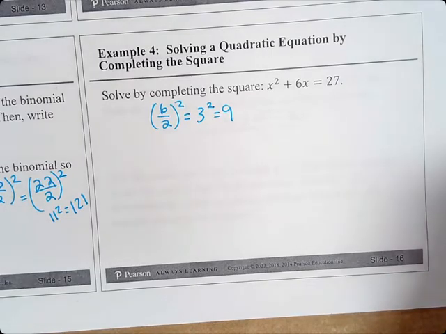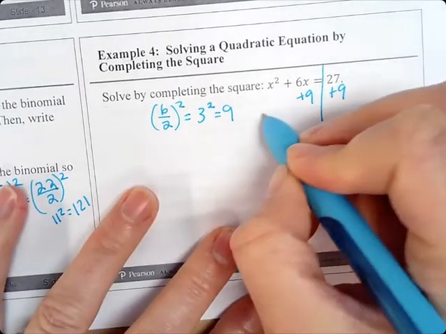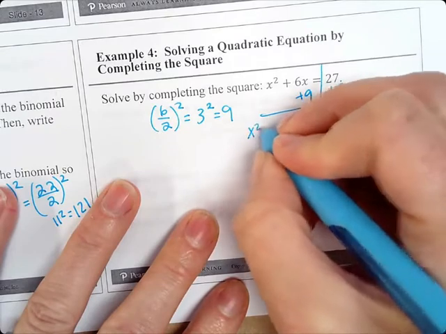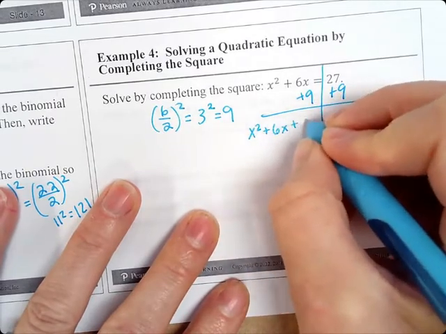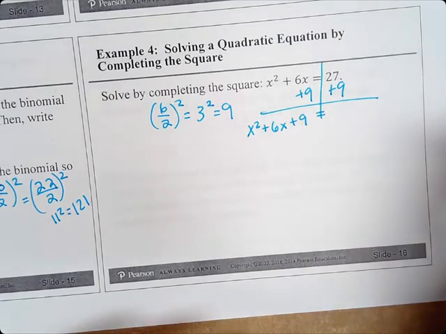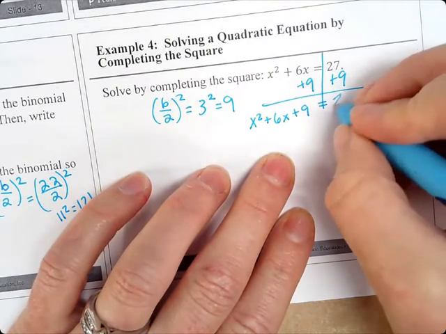So we're going to add 9 to both sides, which would give us x squared plus 6x plus 9 equals 27 plus 9, which is 36.